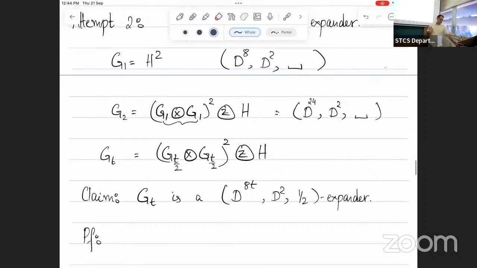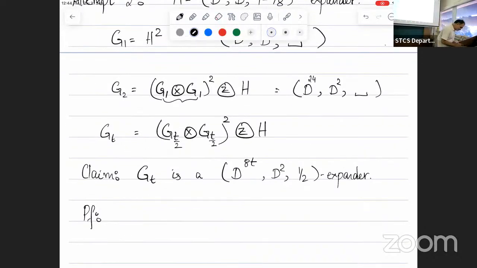Okay. So let's get a sense of, firstly, what is the number of vertices? The number of vertices is basically going to be the number of vertices of G_{t/2}, the whole squared, times the number of vertices of the graph H. I'm just going to put at least this much.